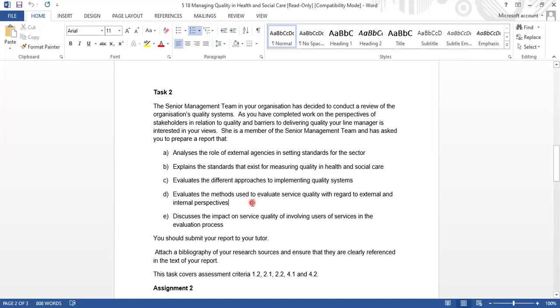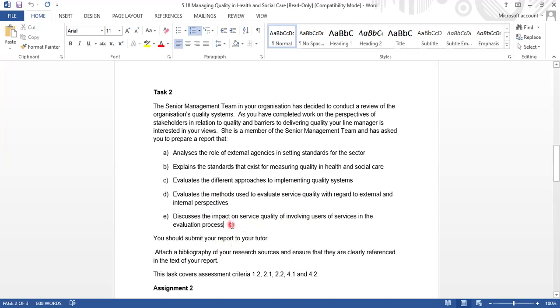I'm just giving an example: you can use feedback forms, and you can use different other criteria that we've discussed that are used to evaluate your service quality. And then in the end, this report, at the moment, doesn't give you a word count, so you're open to that.